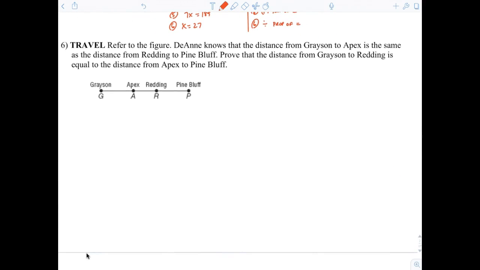All right. Refer to the figure. Dan knows that the distance from Grayson to Apex is the same as the distance from Reading to Pine Bluff. The distance from Grayson to Apex is the same as from Reading to Pine Bluff, so I moved that over.